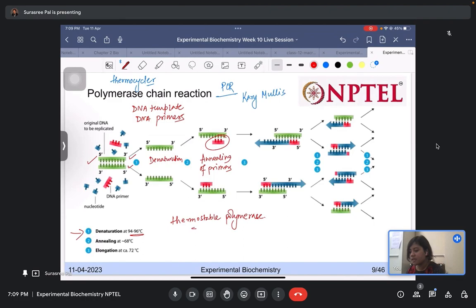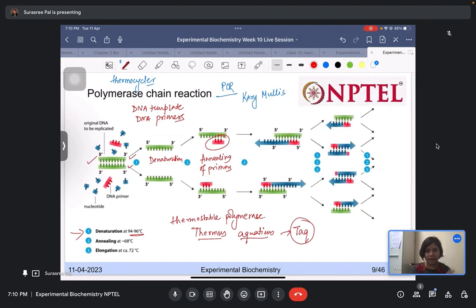This thermostable polymerase is isolated from a bacterium called Thermus aquaticus. From the name of this bacterium, this polymerase is called Taq polymerase, which is a thermostable polymerase. Now, in the first step, the denaturation has occurred, and the two DNA strands are separated from each other.